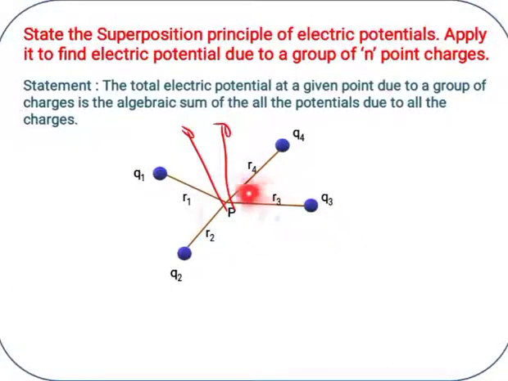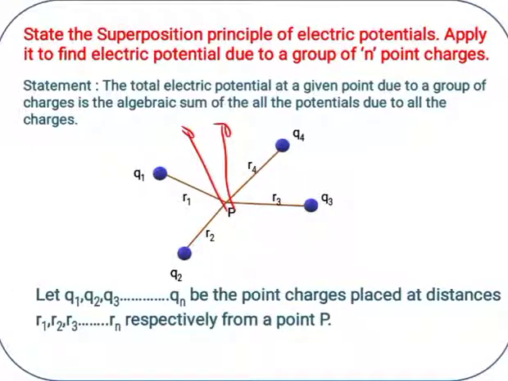P means it is understood that a very negligible charge is present here, and the distance from Q1 to P is R1. Similarly, the distance from Q2 to P is R2, then R3, R4. Now let Q1, Q2, Q3 up to Qn be the point charges placed at distances R1, R2, R3 up to Rn respectively from a point P. I hope you understood the diagram.